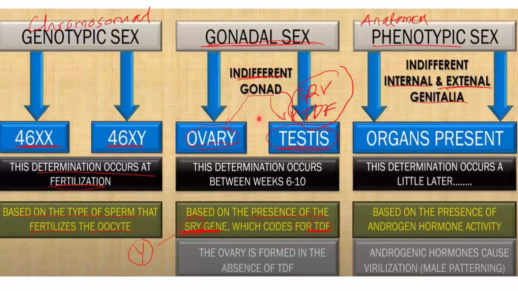Remember, we have the indifferent internal and external genitalia. For this differentiation to occur, you require androgen hormone activity. Androgenic hormones are required for the indifferent external and internal genitalia to undergo what is known as virilization.